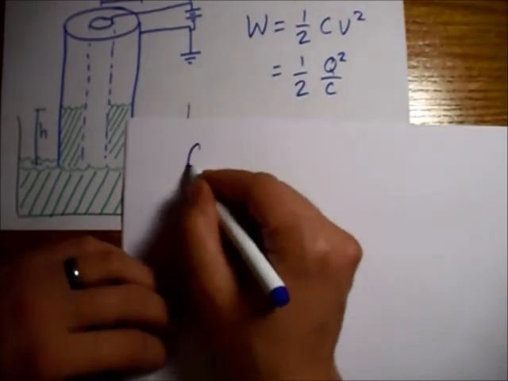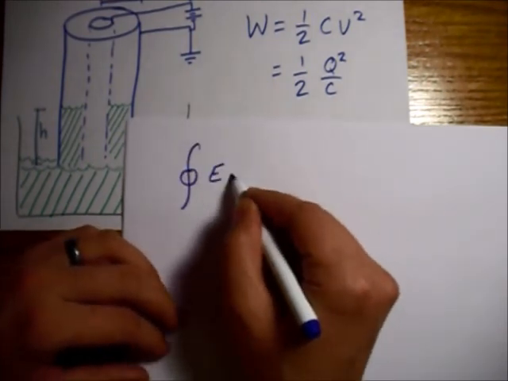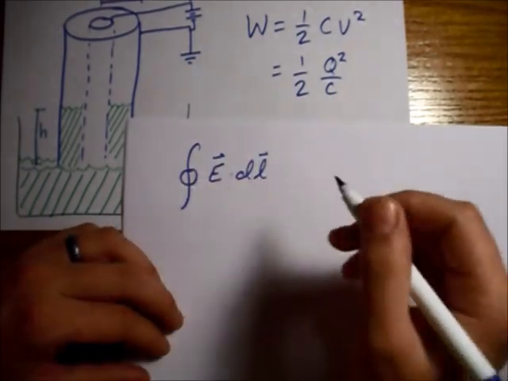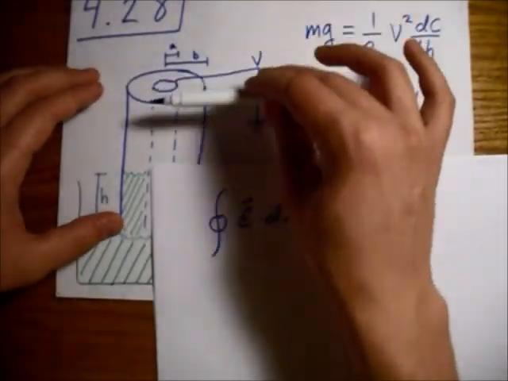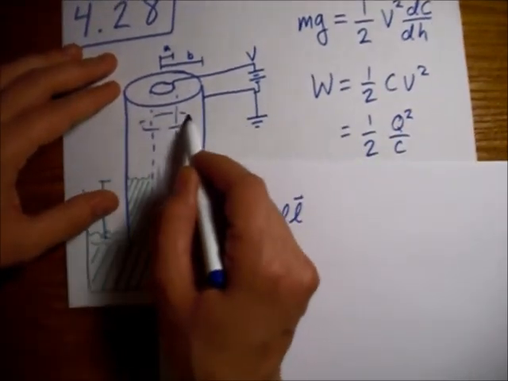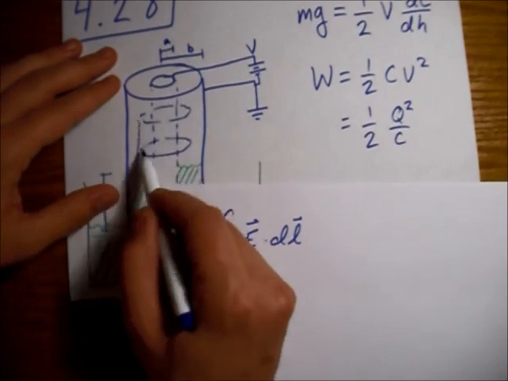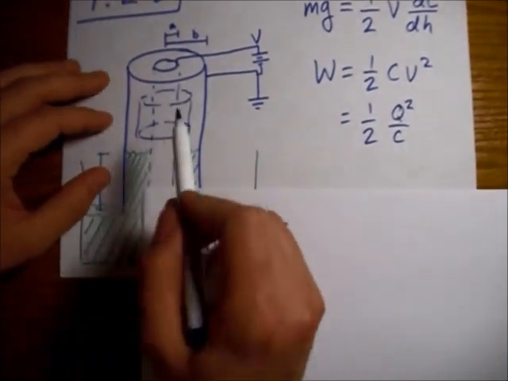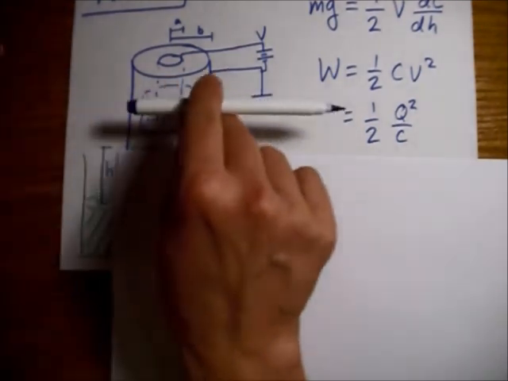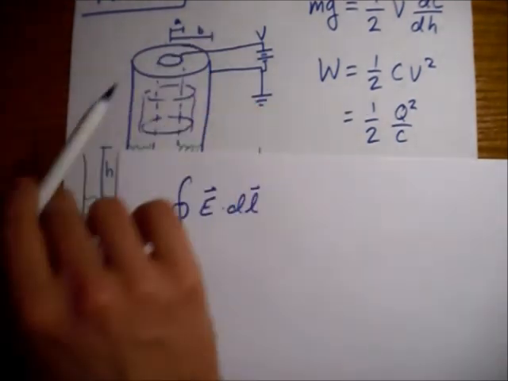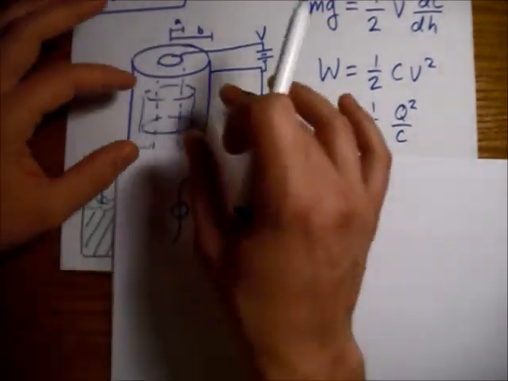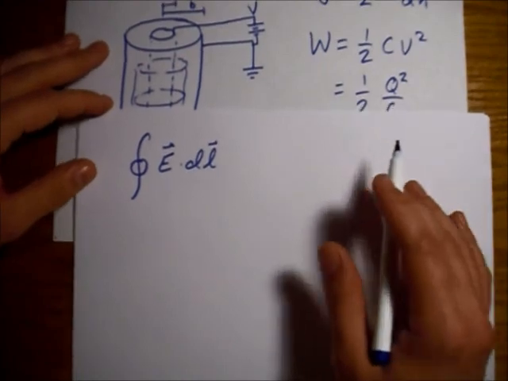We're going to start with our E dot da, a surface integral, right? And we don't have to worry about the top of our, if we draw a little Gaussian cylinder in here, like this, a little Gaussian surface, we don't have to worry about the top and the bottom because the fields are going to be parallel to that. So, right, there's no field going through that surface, they're all parallel. So we only have to worry about the ring around the outside, basic Gauss's law stuff.